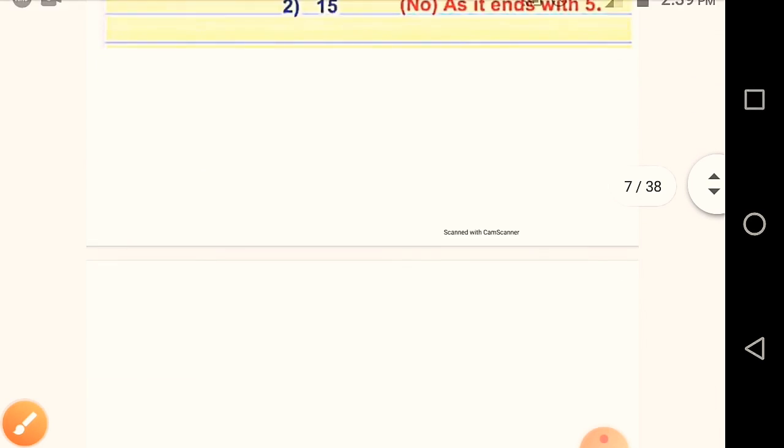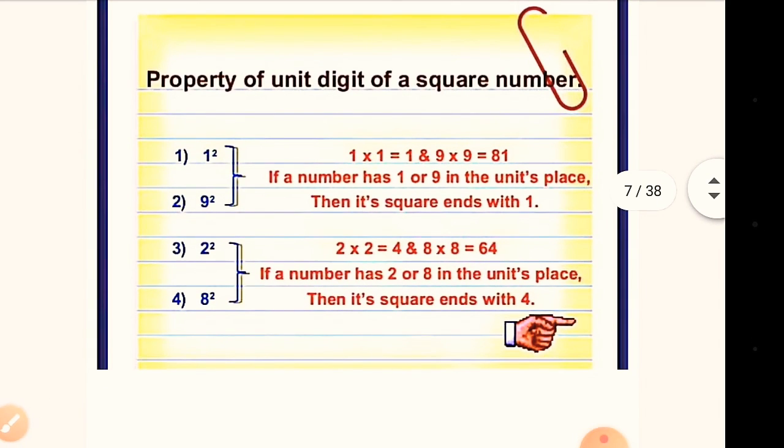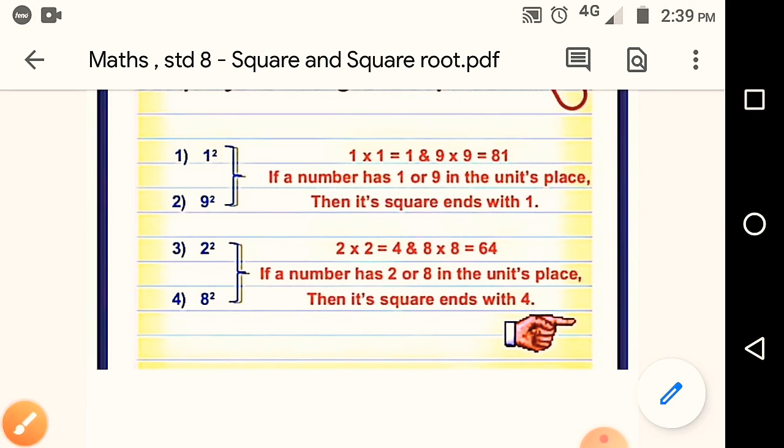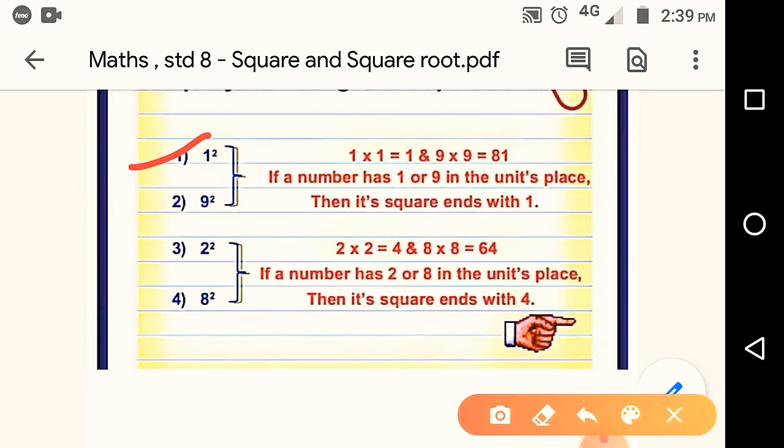Now moving ahead with the property of the unit digit of a square number. First property: 1 square means 1 into 1 is 1. So if the last digit is 1, then it can be a square number. See here, 1 square is 1 into 1 is 1, and 9 nines are 81. So the last digit 1 is coming, so this is a square number. Here also the last digit is 1. Same way 9 square, 9 nines are 81, so its square ends with 1.